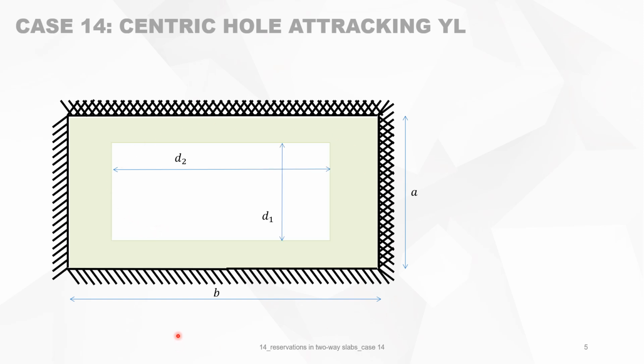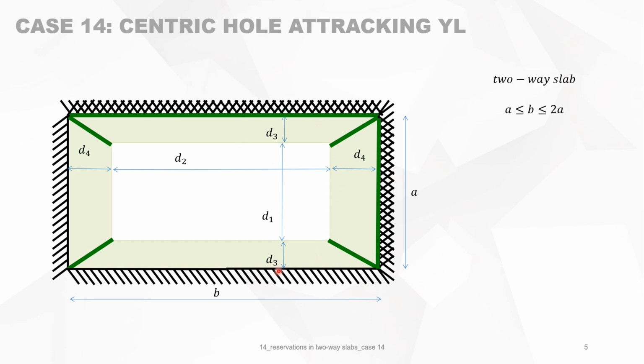So we have a rectangular slab with a reservation D1, D2, which is centrically placed in the slab, and the yield lines are connecting from corner to corner, independent of the angle they are making. Then we have the conditions of this case 14 element.